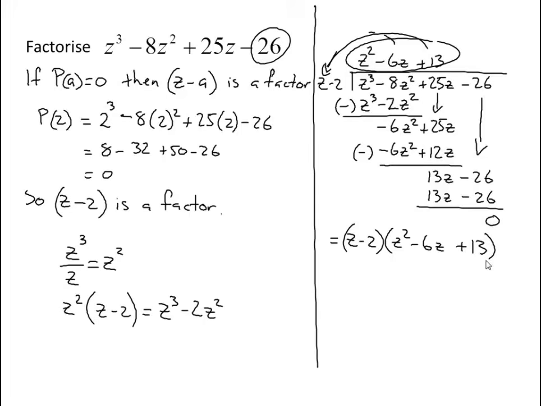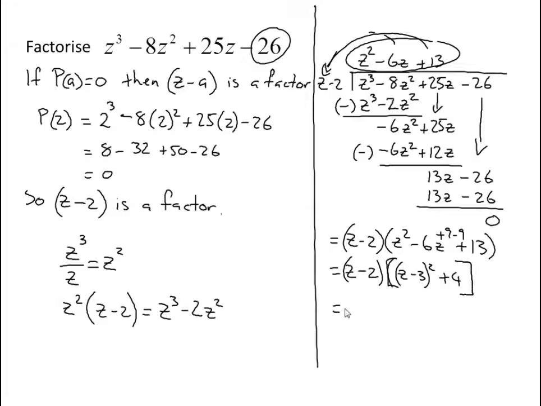Now that's a quadratic, so we want to make linear factors. How do we get linear factors? Our linear factors are going to come by completing the square. z squared minus 6z plus 13 becomes z minus 3 all squared plus 9 minus 9 plus 13, which becomes plus 4.